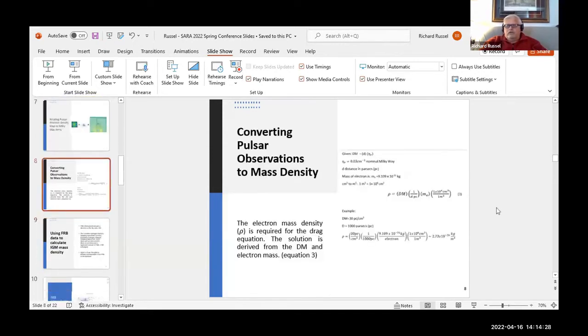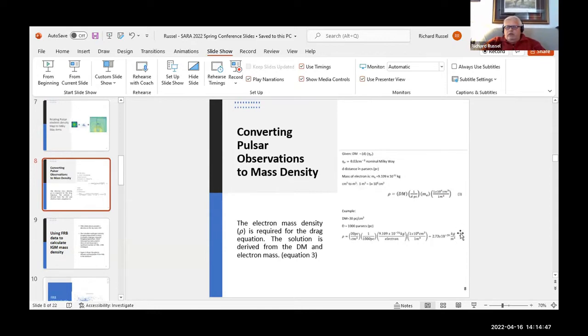That's a nice little picture there that you could plot pulsars and find your spiral arms. The formula for determining density from dispersion measure is here, and an example of how to convert that.